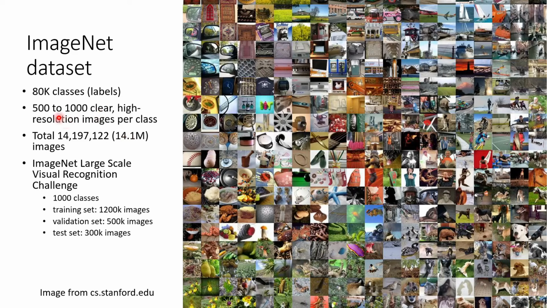For each class, there are at least 500 to 1,000 clear high-resolution images. And how many classes do we have? It has 80K. So you can see it is quite a huge dataset.